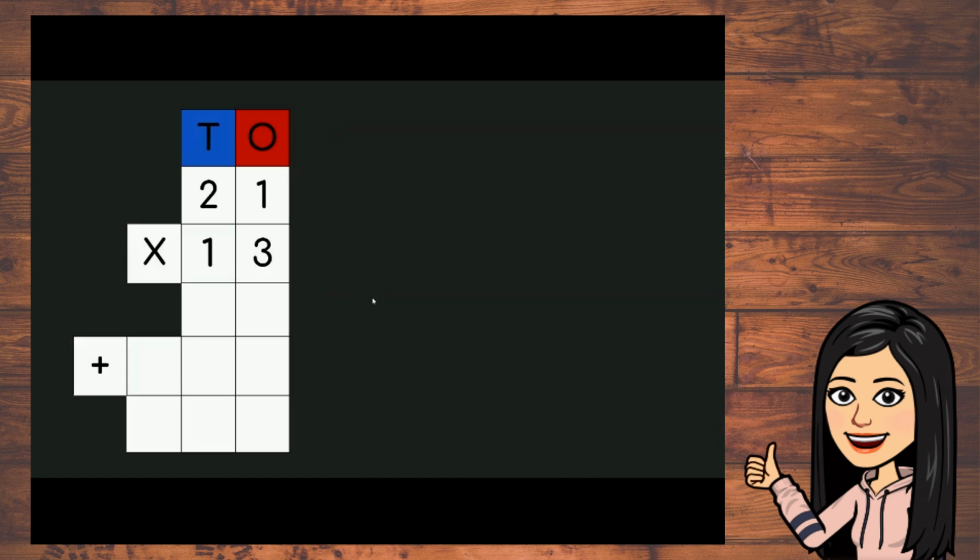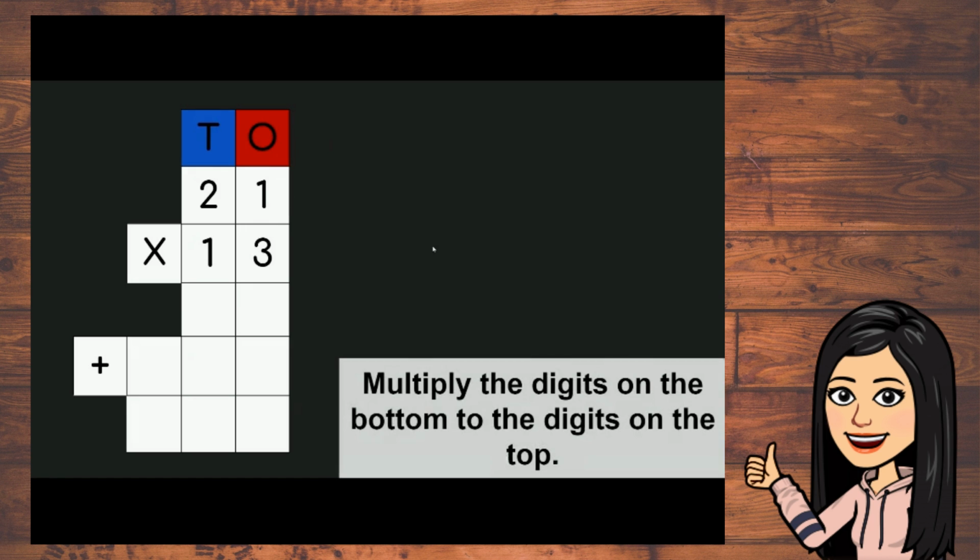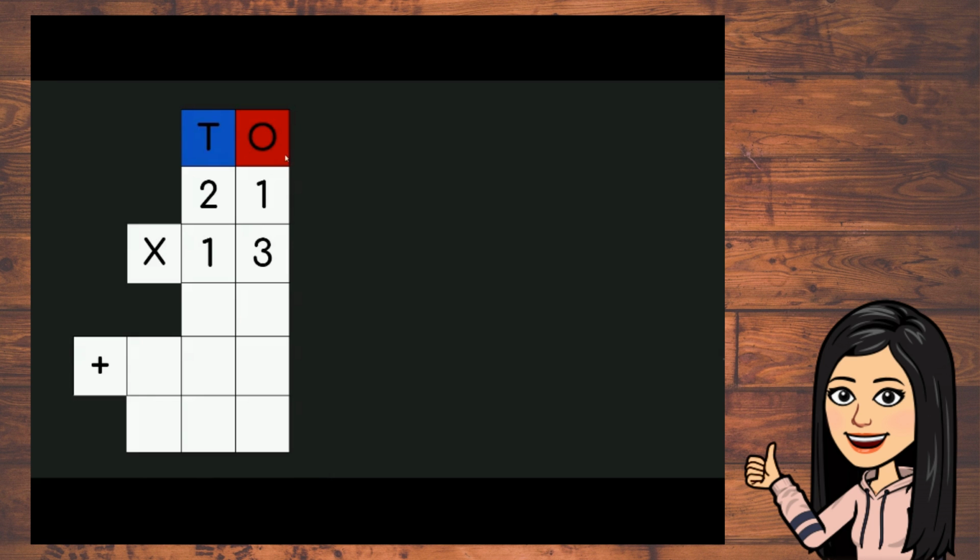Now this time, we're going to have a 2-digit number multiplied to another 2-digit number. So same procedure, but this time it will have a longer solution. Again, you have to multiply the digits on the bottom to the digits on the top. So let's start with the digit under ones.